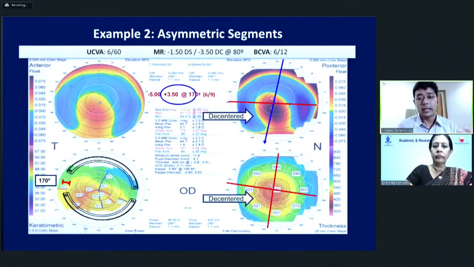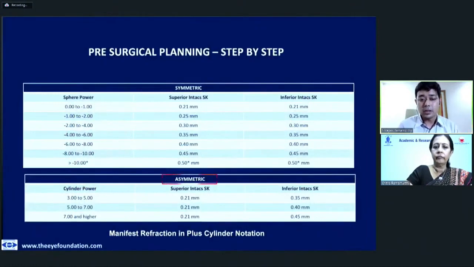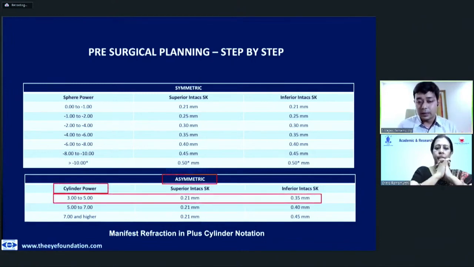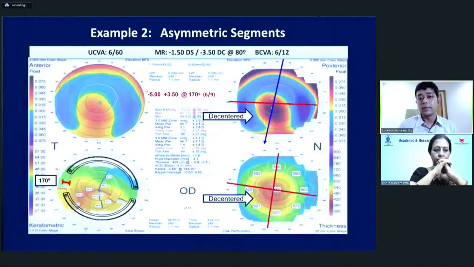Looking at the nomogram, as you can see here, for that we'll be using a 0.21 superiorly and a 0.35 inferiorly. So it's the cylinder power which decides the thickness of the ring that we choose. And usually, because it's decentered inferiorly, we have the thicker segment inferiorly and thinner superiorly.